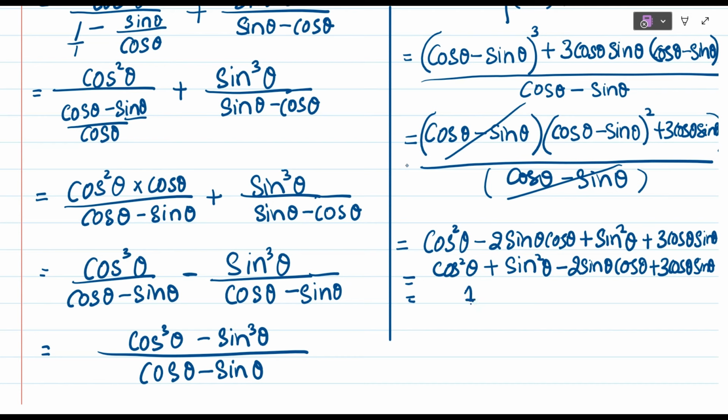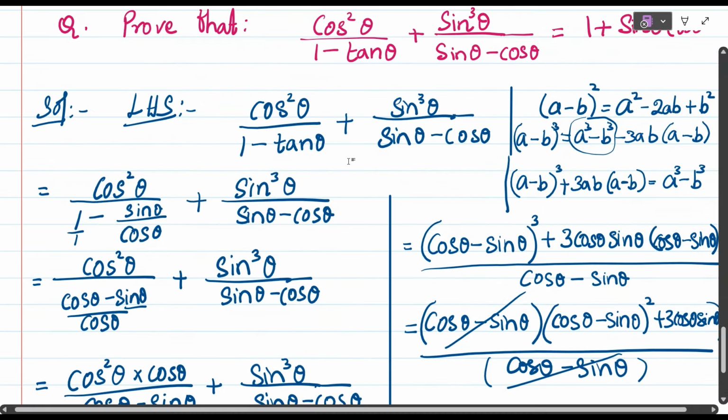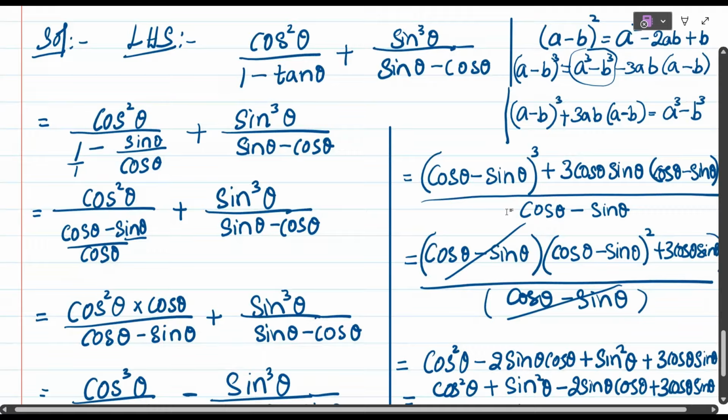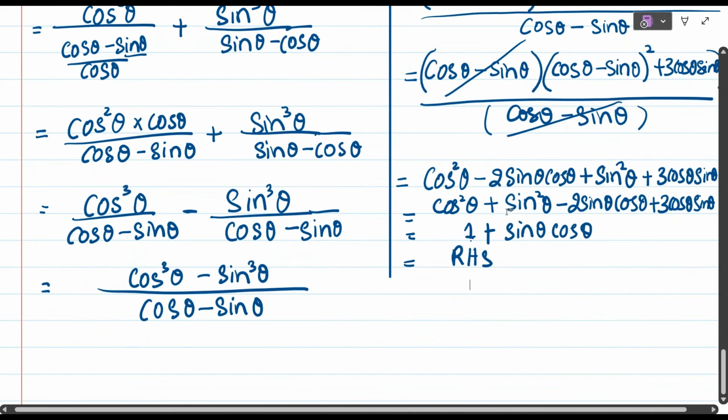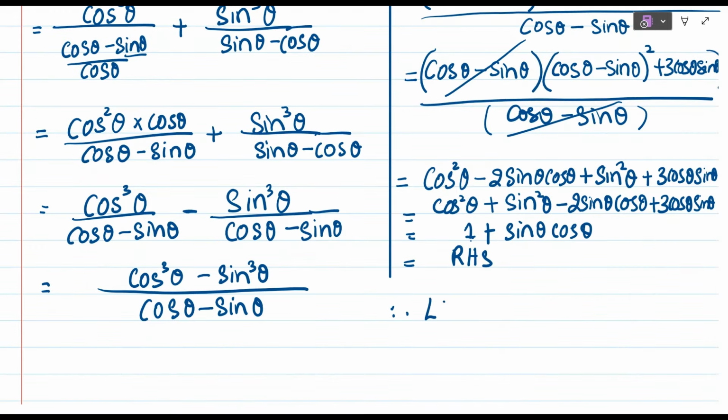Apply the identity here. Minus 2 plus 3, how much? Plus 1. 1 sin theta cos theta. So this is nothing but our RHS, students, isn't it? They are asking us to prove 1 plus sin theta cos theta. That's what we got here. Therefore, we can write LHS is equal to RHS. Did you understand, students?